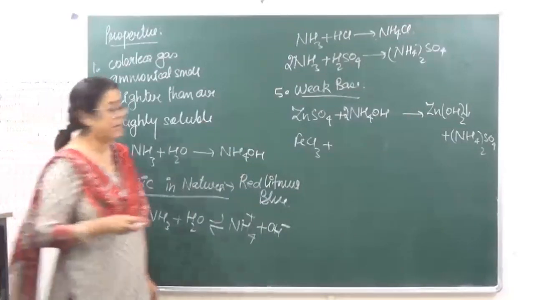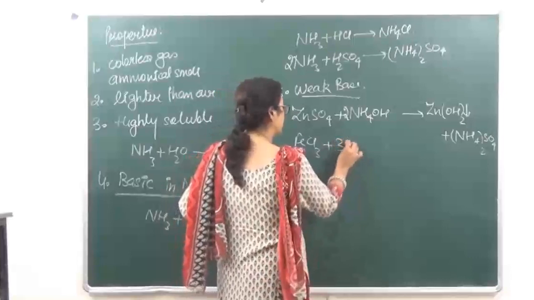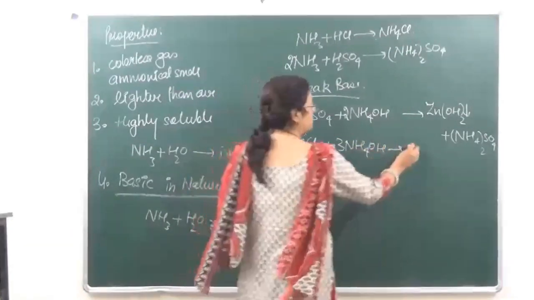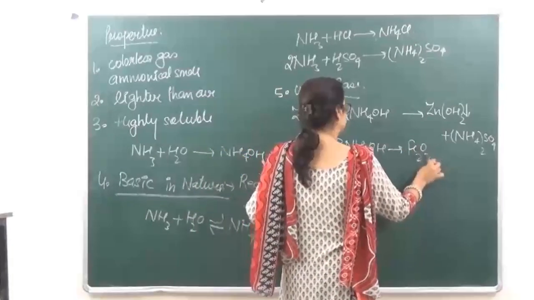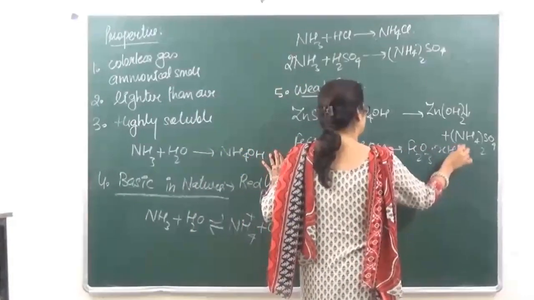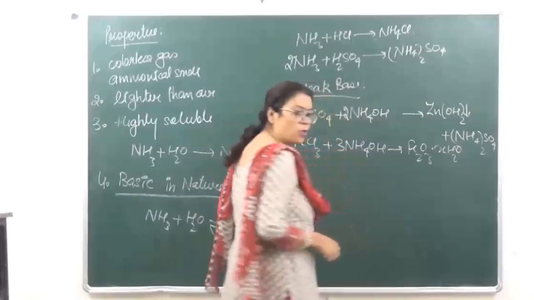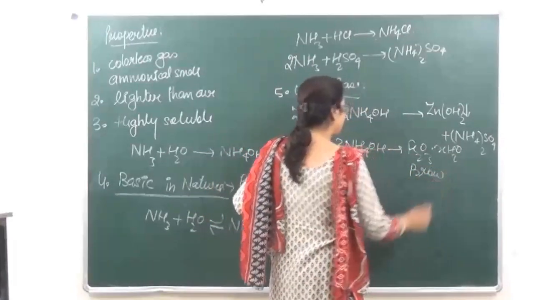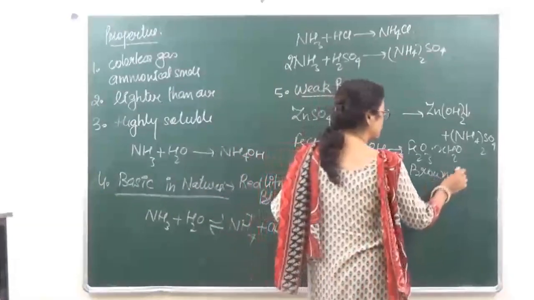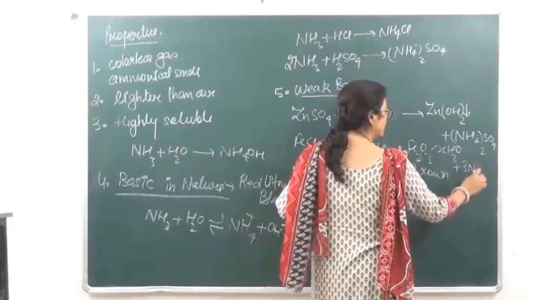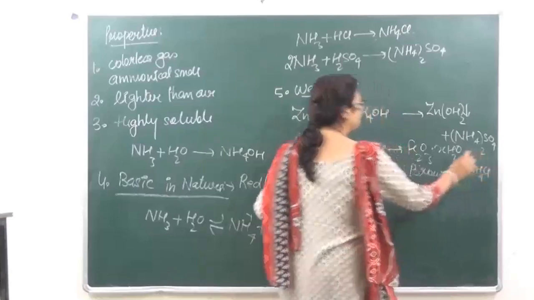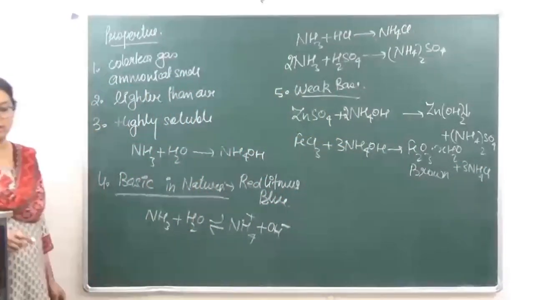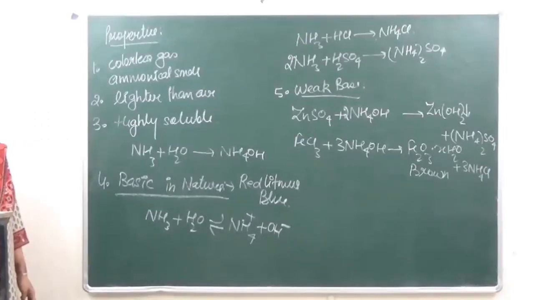Fe2O3 dot XH2O, this is a brown precipitate, plus we will get ammonium chloride. Clear?